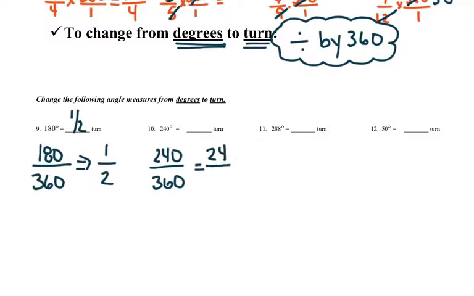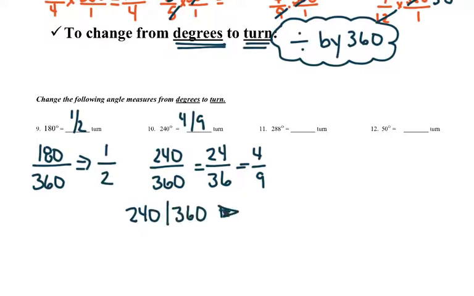Now sometimes we don't know how it reduces, so maybe I'll just divide both sides by 10, and then maybe divide top and bottom by 6, and so I would get 4/9. If you're doing this on a calculator, you could type in 240 divided by 360, and then somewhere in your calculator is a key that says change to frac, and that would do that for you. Divide it to 4/9.